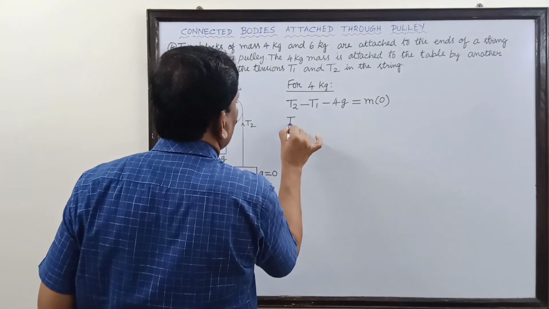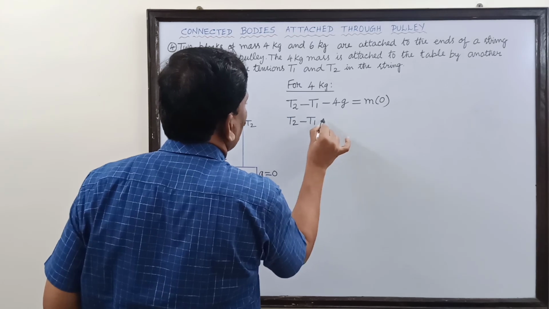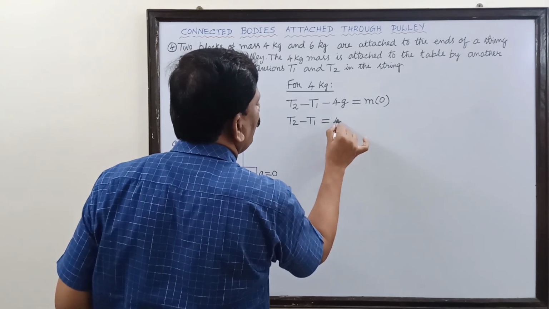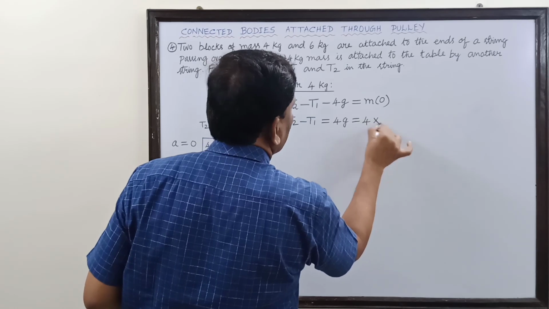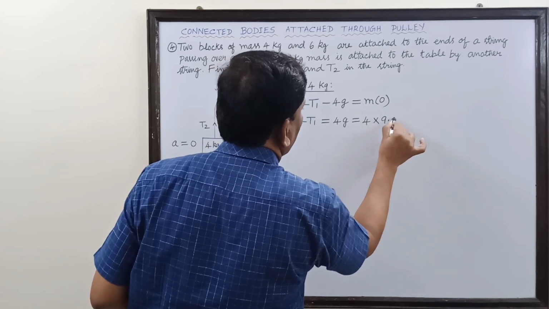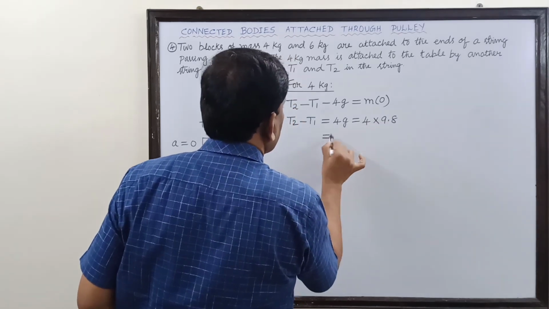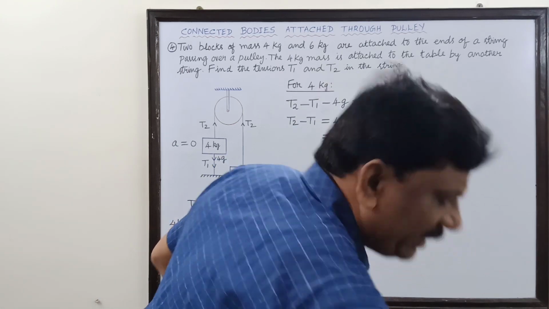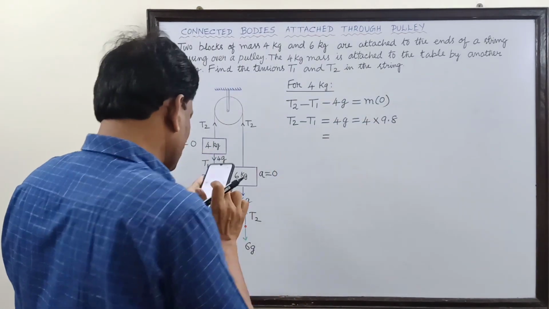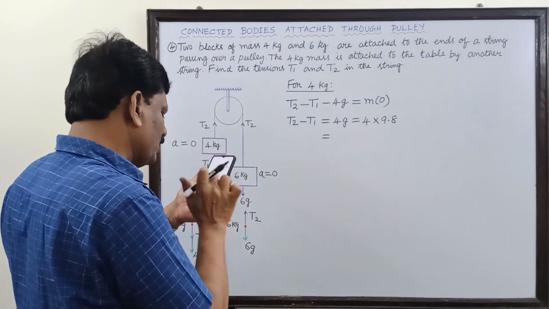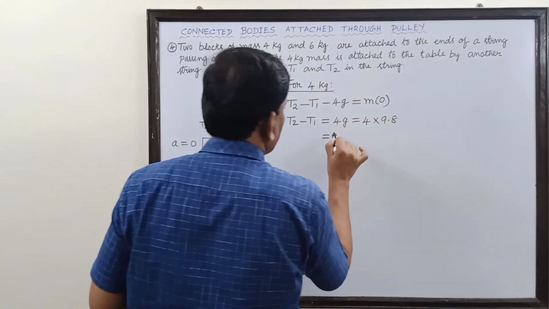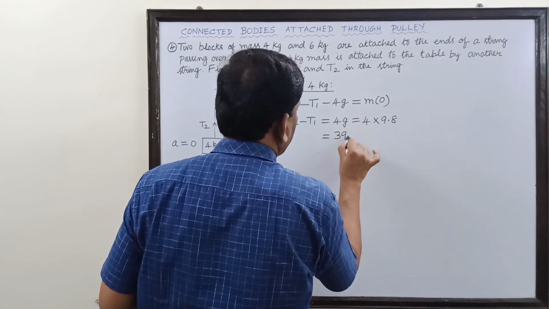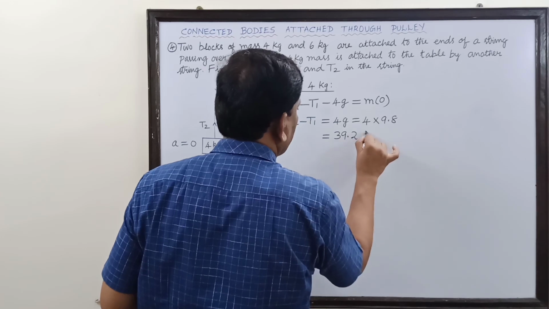So T2 minus T1 is equal to 4g, so this is 4 into 9.8. If g value is not given, it is better to take 9.8. So this will be equal to 39.2 Newton.